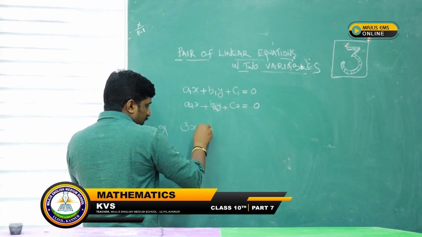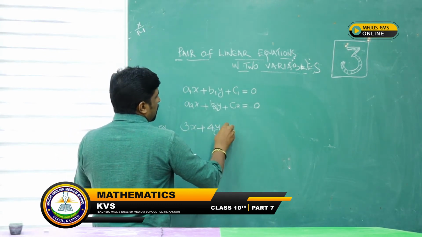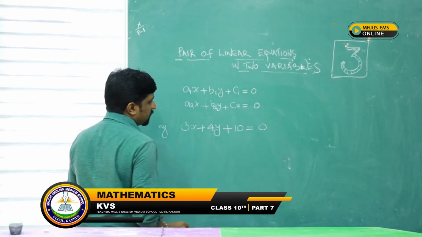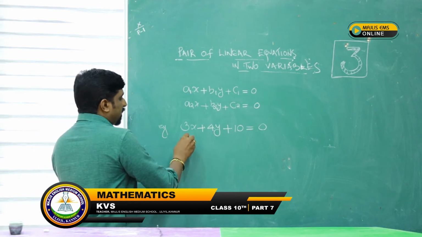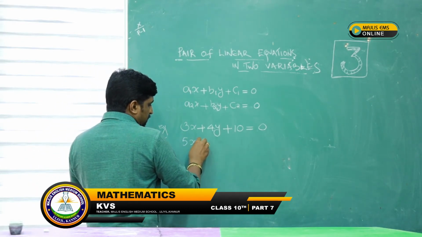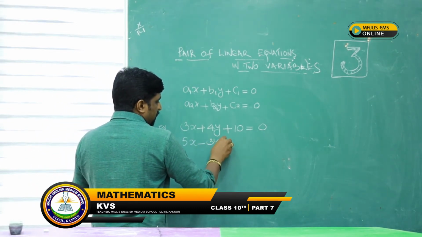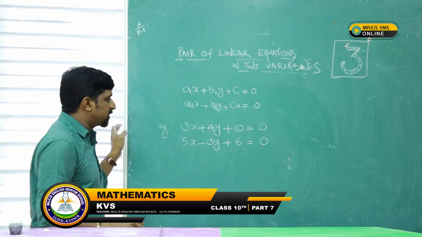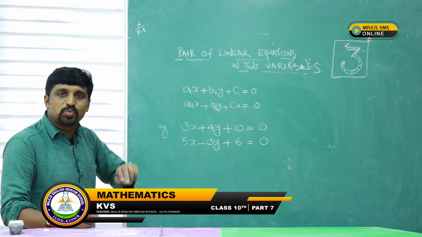3x plus 4y plus 10 equal to 0. This is the first equation. And the second equation is 5x minus 3y plus 6 equal to 0. Suppose we consider this as a pair of linear equations in two variables.